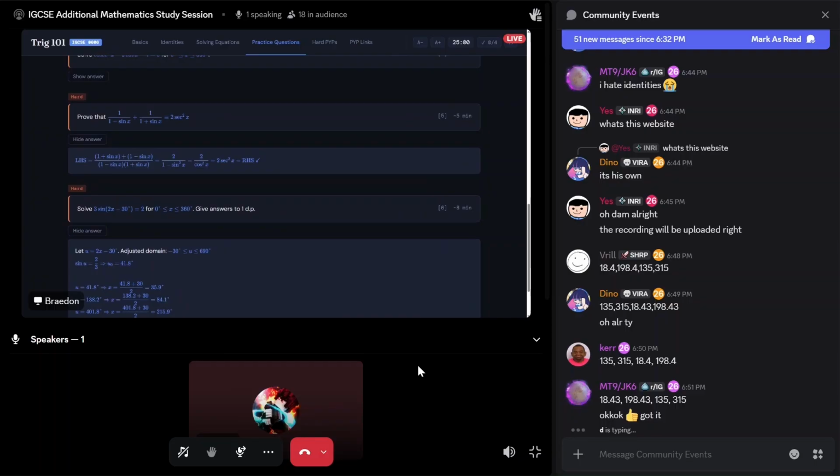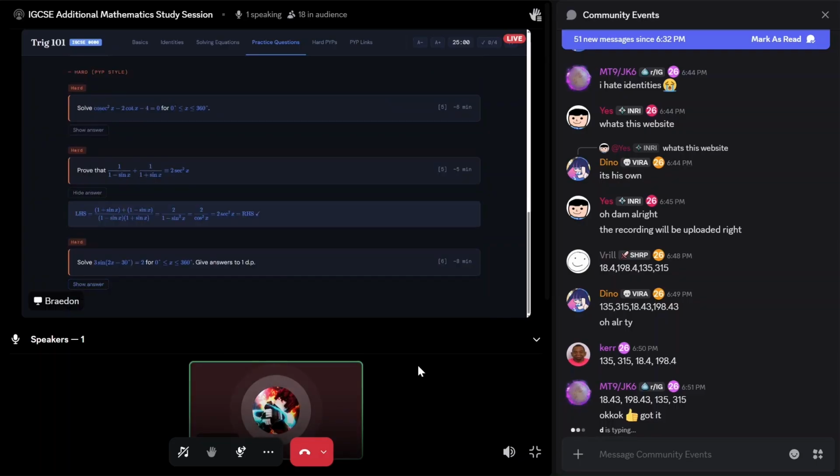So this is another solving trigo equation, but a bit more complicated because the angle inside is different. It's not just x anymore. Based on the tip earlier, what you're supposed to do is change the domain first. How do you do that? Just substitute the expression inside into the domain. So 2x minus 30.